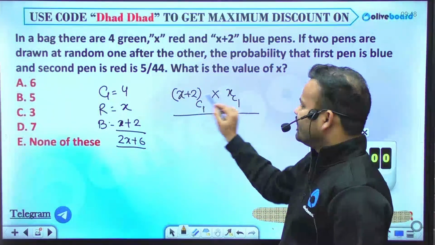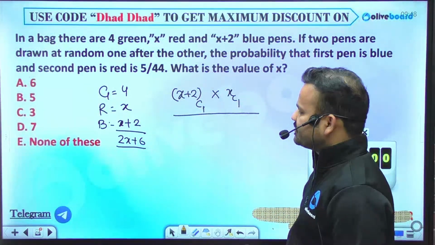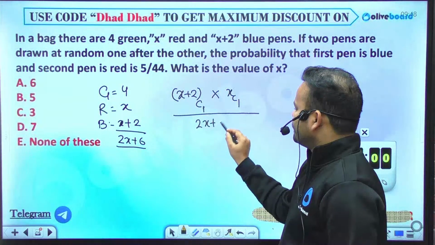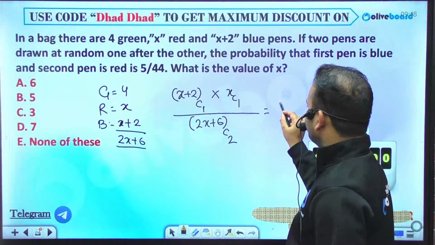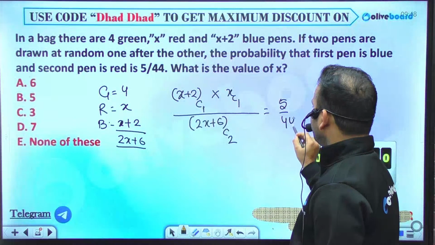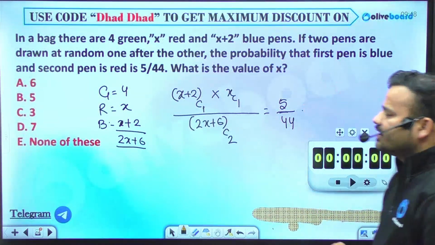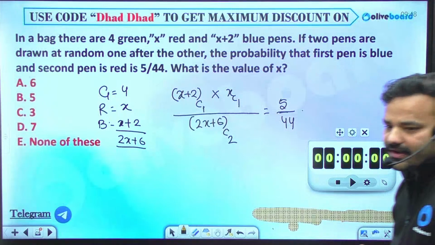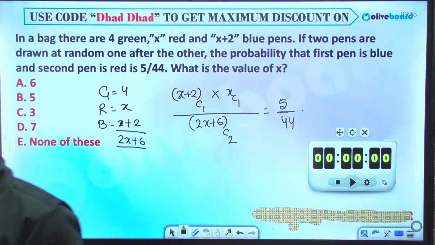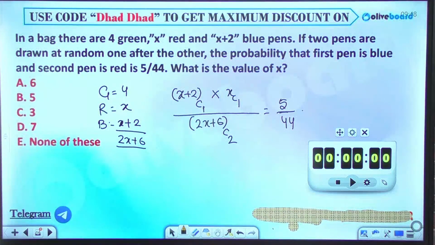This is the event. And what about the sample space? Sample space will be 2x plus 6 C2, and this is equal to 5 by 44. Clear? x equals 3.